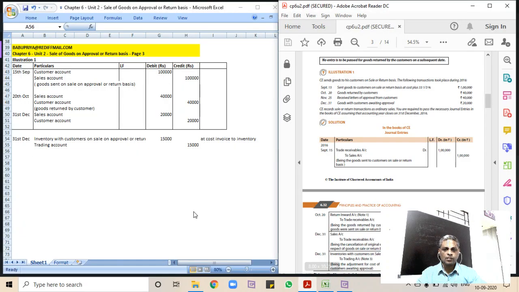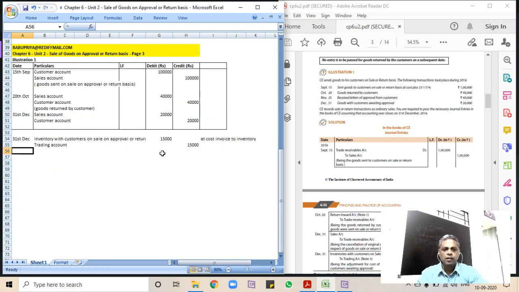So let's get into illustration 2 now. This is clear, right? Inventory with the customers on sale or approval return, we have to take it at cost price. How is it cost price? It is the normal formula. Cost plus 1/3 means at selling price it will be 1/4. So 20,000 into 1/4 is equal to 5,000, which is the profit that has to be reduced, and 15,000 is the cost that has to be taken.